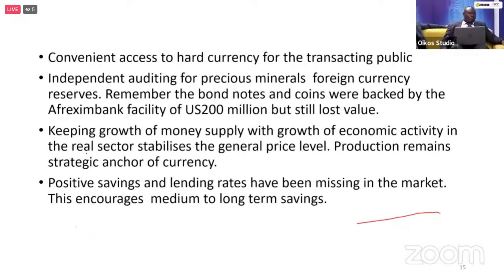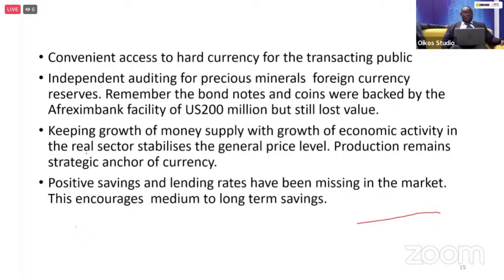Then keeping growth of money supply in line with growth of economic activity in the real sector stabilizes the general price level. The movement of the currency or the price changes that we see on the market are actually a reflection of the level of production that exists in the economy.